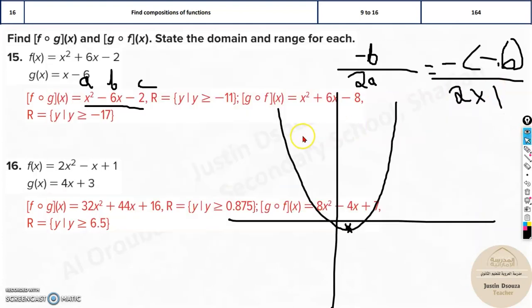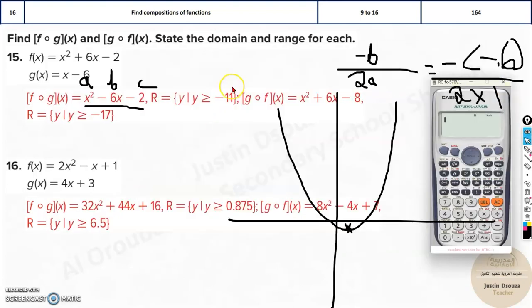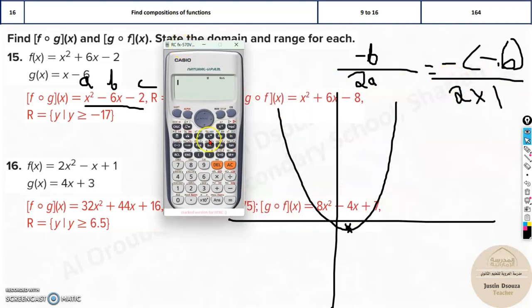So what is the answer? When you solve this, it'll be minus times minus 6, that's plus 6, divided by 2 into 1. Now here you got 3, but that is not the answer. That is the x value. So at this point, x value is 3.